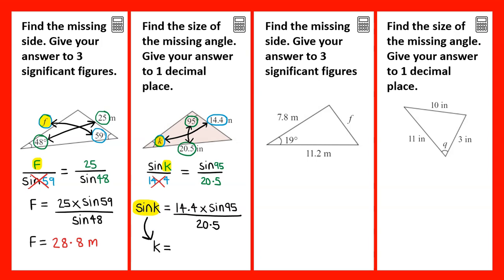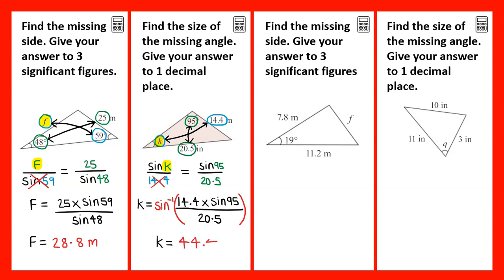To get from sine k to k, we need to use the inverse function of sine, which would be k equals inverse sine, or sine to the negative 1, of 14.4 times sine of 95 over 20.5. This function can be found by pressing Shift on your calculator and then the sine button, which gives us sine to the negative 1. So k would be equal to 44.4 degrees to one decimal place.